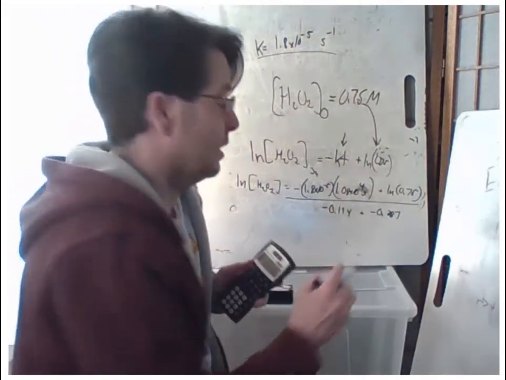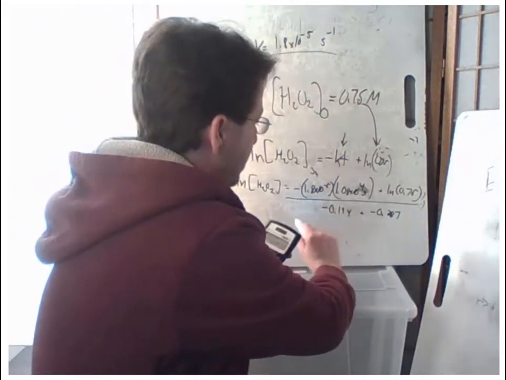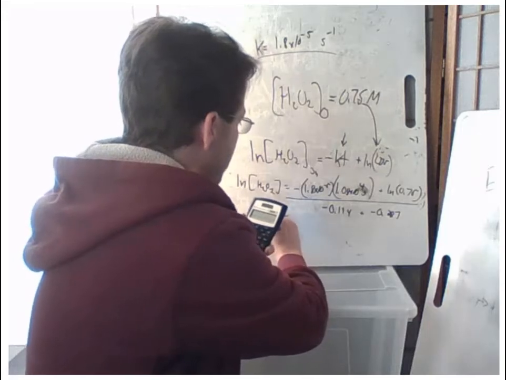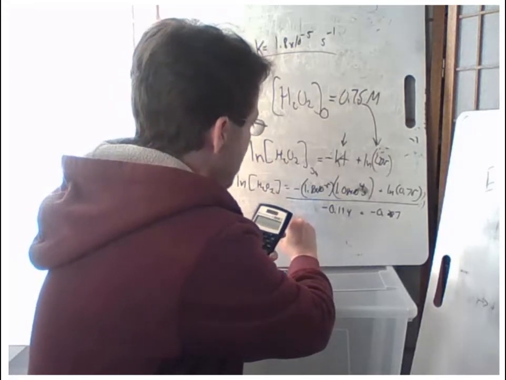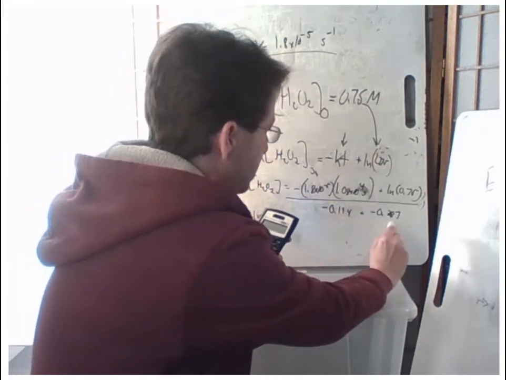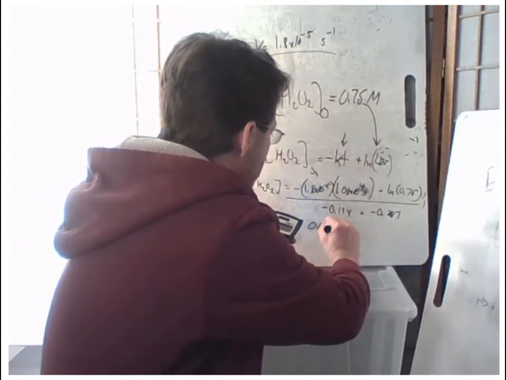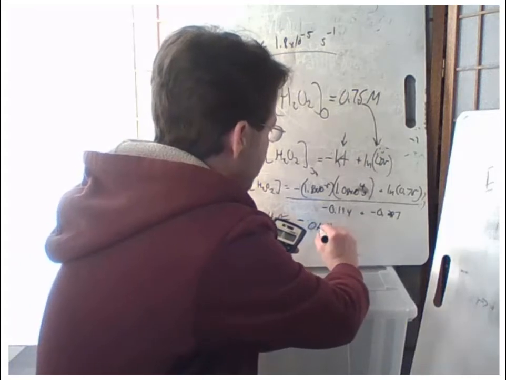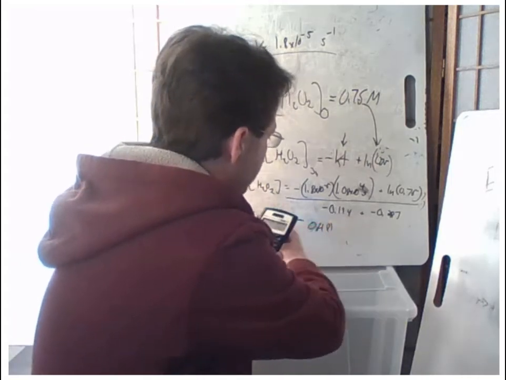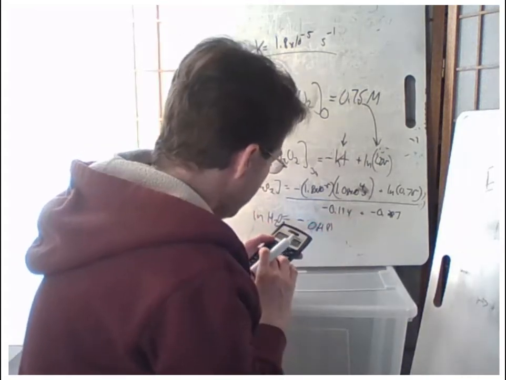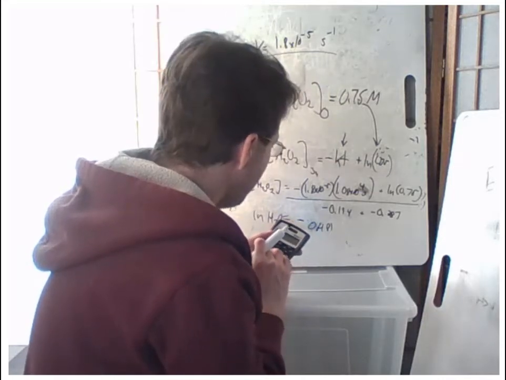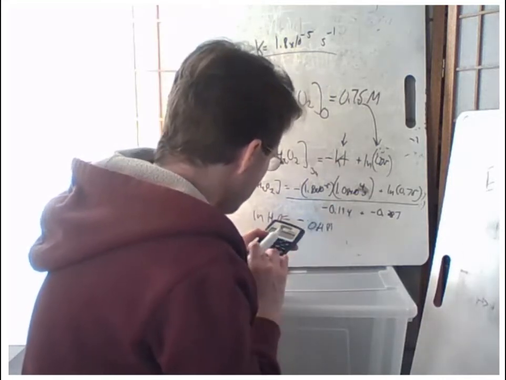And so doing our math, we get ln H2O2 is equal to this value here, 0.481. And then we raise e to the power of negative 4.8 to undo this.